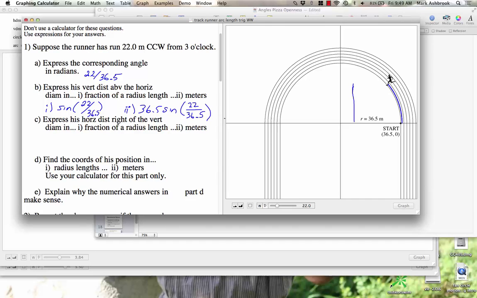Okay, so we want to express the horizontal distance now. We want to express this horizontal distance, first of all, as a fraction of the radius length. Let's see, Jennifer. So I want to express this horizontal distance right here from the vertical diameter as a fraction of the radius length. How would I do that?